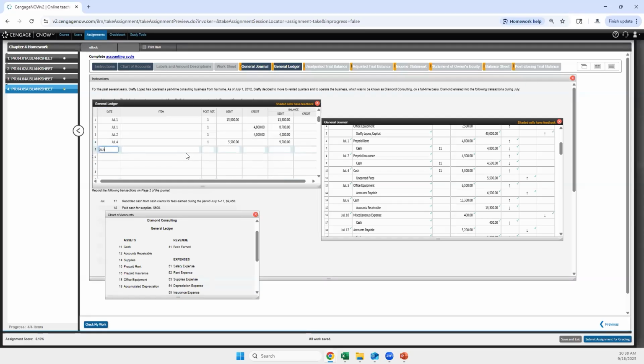July 6th is posting reference 1, and then cash, our increase to cash of 15,000 for collecting accounts receivable. Now our balance is at $25,000.